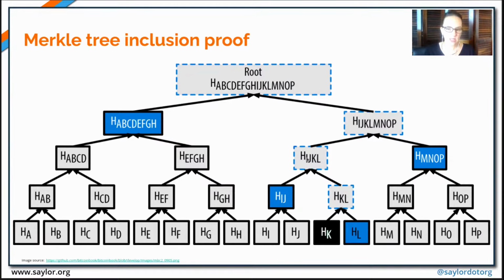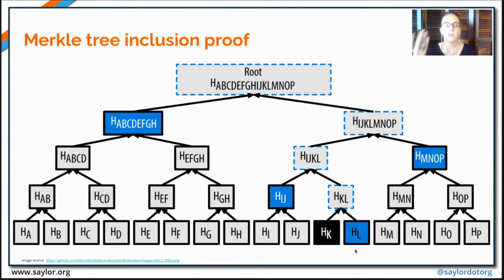You can then calculate this, cool. Then I need to give you just the hash of this level on the Merkle tree, which is hash of MNOP. You can calculate this, cool. Then I'm going to provide you with the hash of this level over here on the Merkle tree, which is A, B, C, D, E, F, G, H, right? And then you can recreate this hash, right?